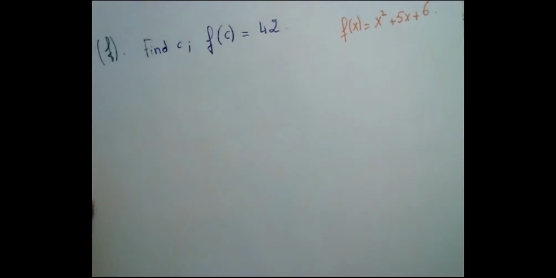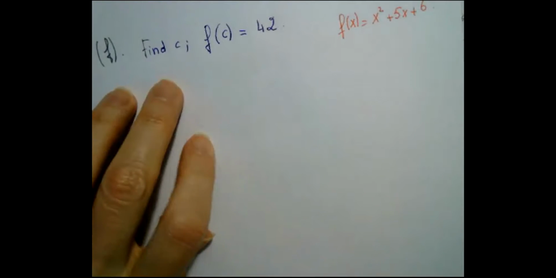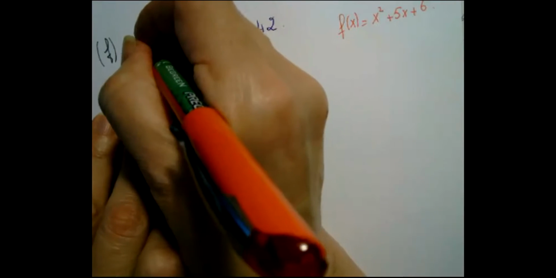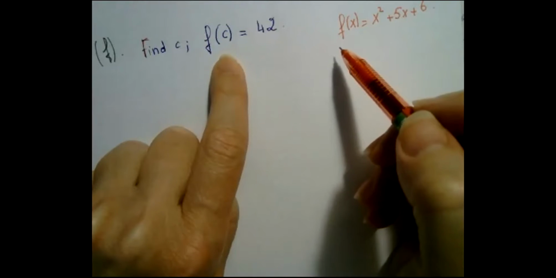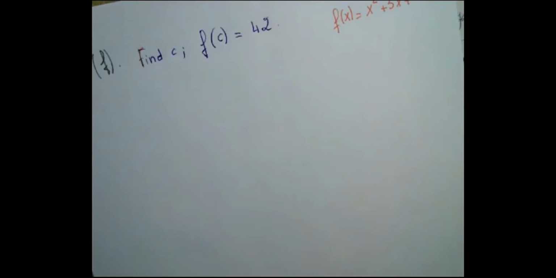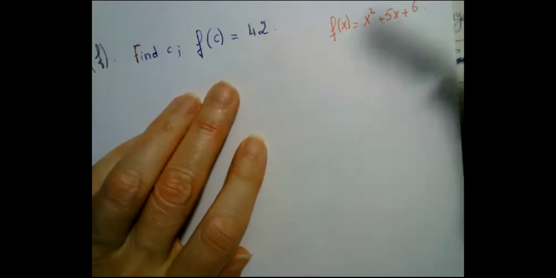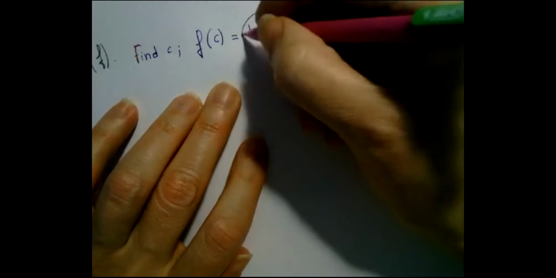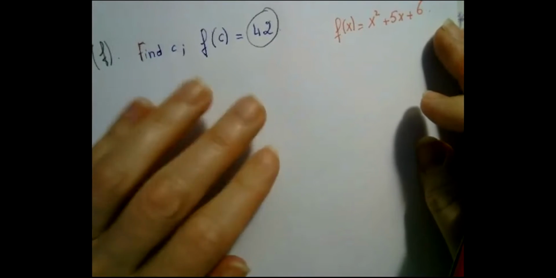In this problem, what do they want me to do, and how am I supposed to do it? I have a function. It takes an input and gives an output. I want to find all the c such that f of c equals 42. What does 42 represent here? Is it an input value or an output value? An output?